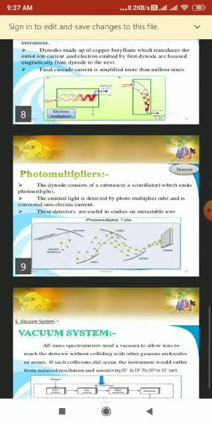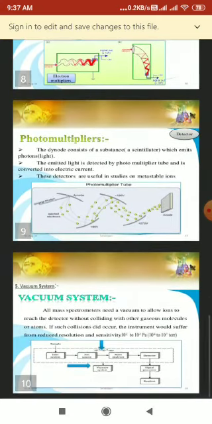Now we have seen the fifth and last component of instrumentation of mass spectroscopy, the vacuum system. Since the ions must travel a considerable distance through the magnetic field to the collector, and also to avoid ion scattering and background, a very low pressure of the order of 10 to the power minus 6 to 10 to the power minus 7 millimeter of mercury must be maintained in the mass spectrometer.